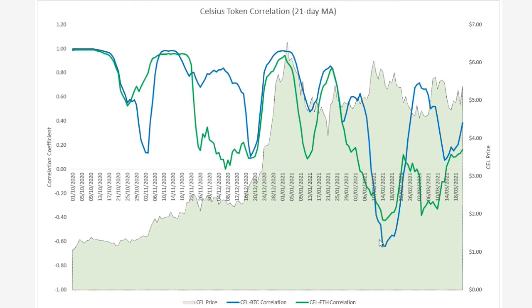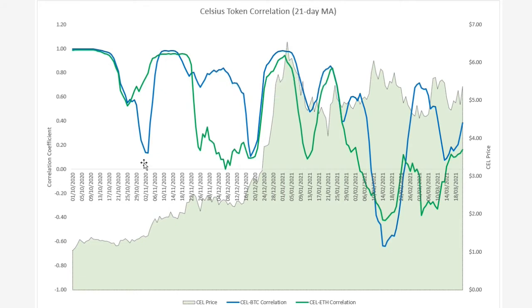There's a moment where Bitcoin is less correlated to CEL compared to Ethereum here, and then it returns here. So overall, I'd say there's a generally higher correlation of CEL and BTC over CEL and Ethereum.